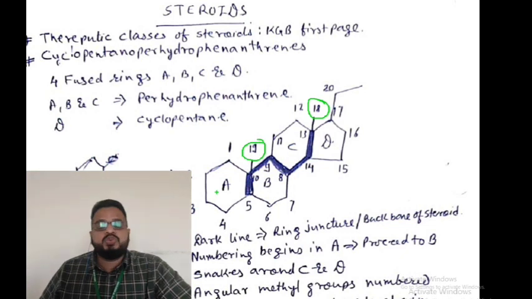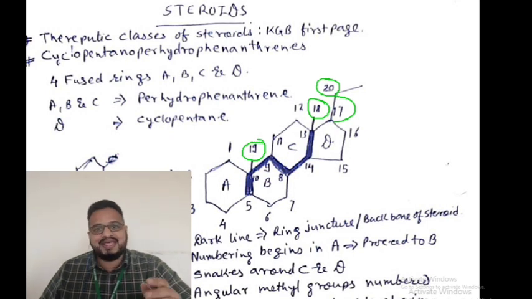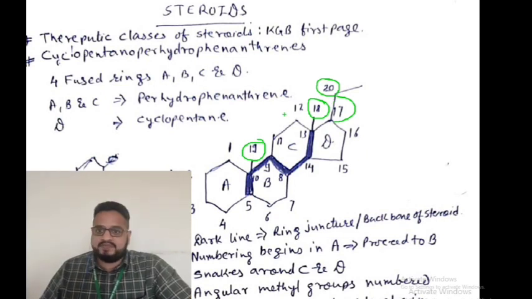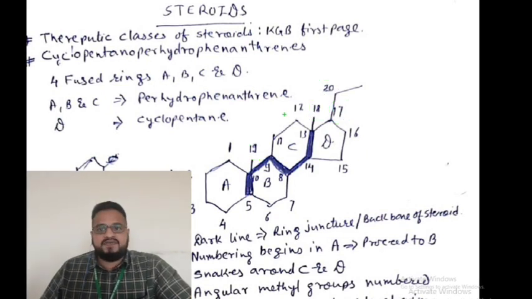So once we have numbered the A, B, C, D rings, thereafter we number first this 18 as the angular methyl, and then 19, again an angular methyl. Once 18 and 19 are done, we move to 20. That means carbon number 17 is attached to carbon number 20, and thereafter we give the entire nomenclature. Now let us have a few examples.